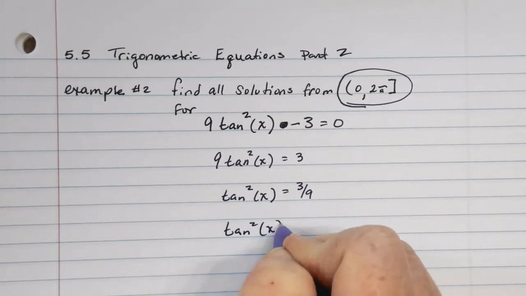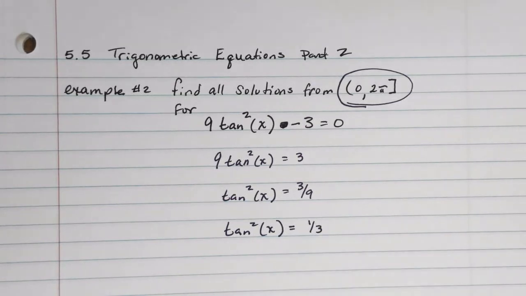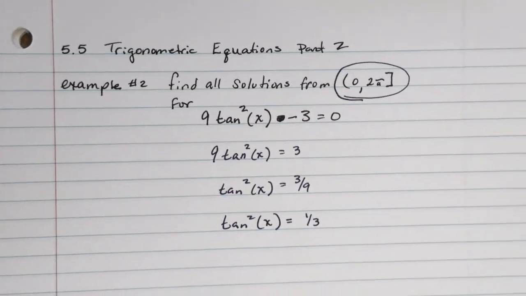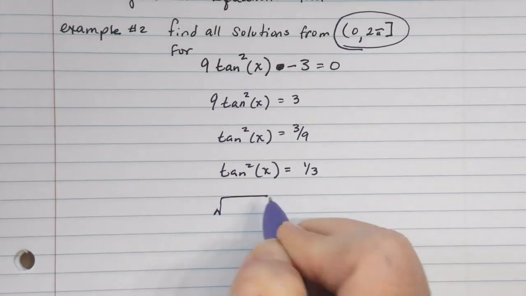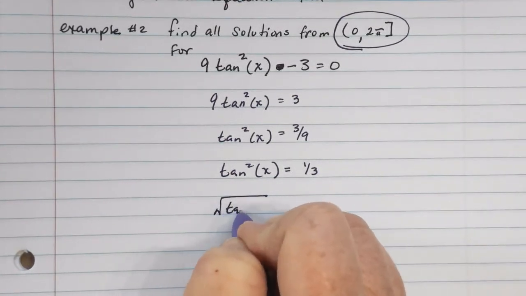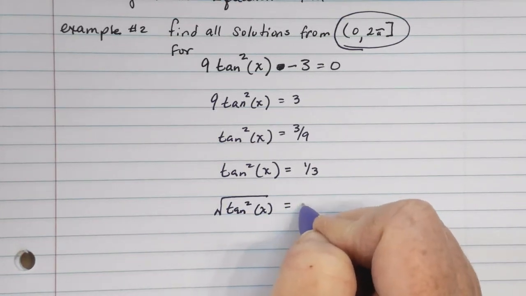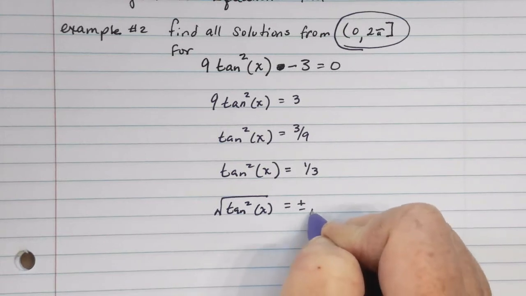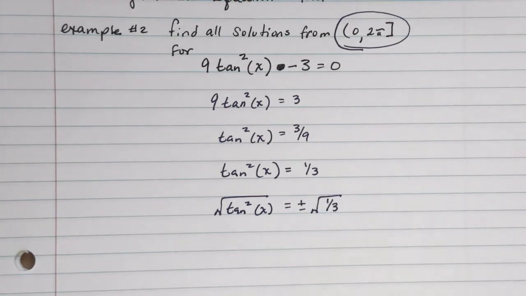And now we want to get rid of the square. To get rid of the square, you do the inverse operation, which is take the square root. So we're going to take the square root of both sides. Whatever you do to one side, you have to do to the other. But when you take the square root, you need to consider both positive and negative.